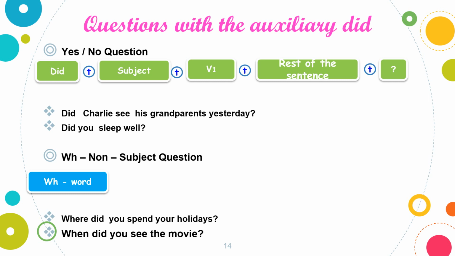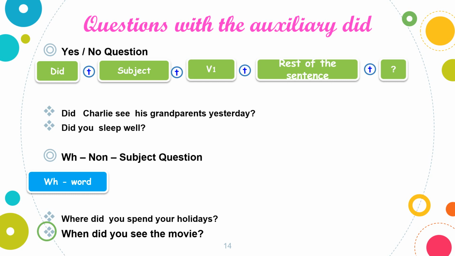Notice that we have the auxiliary did, that is in past, and the verb is in the base form. Si nosotros tenemos el auxiliar did, que está en pasado, al verbo principal ya no le vamos a agregar el pasado, sino que va en su forma base.